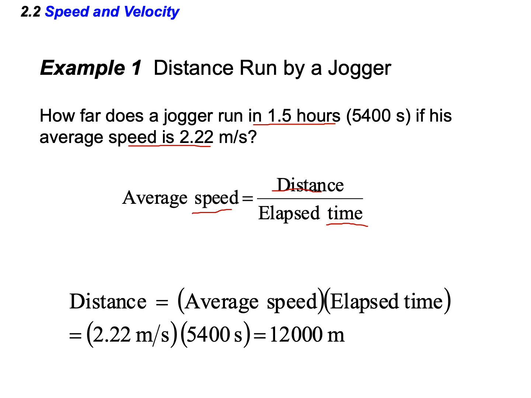When you do this, you can cancel seconds with seconds and you're left with one unit, which is meters. When you calculate, your distance is 2.22 times 5400. Seconds cancel, you're left with meters. Meters is the unit for distance. So by looking at the units, you can tell your final answer is correct because you have the right units.